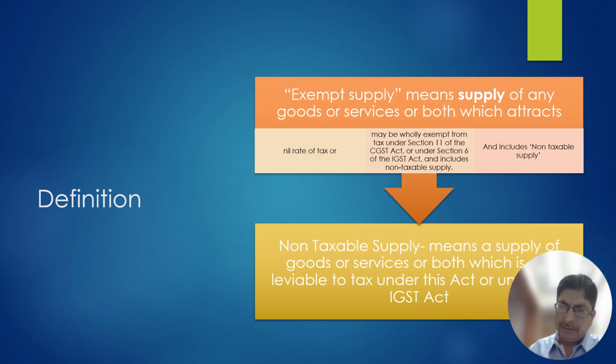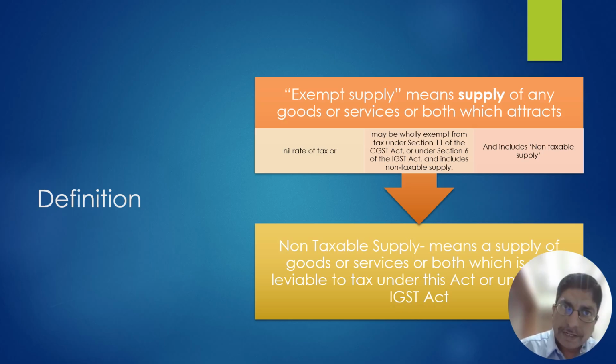But tell me friends, what about the transaction which is not a supply at all? Transaction, I didn't say supply. What about the transaction which is not a supply at all? Is it right to say that it is exempt supply? You should not commit a mistake by saying that a non-taxable supply is exempt supply. Therefore, a transaction which is not a supply at all is also an exempt supply?